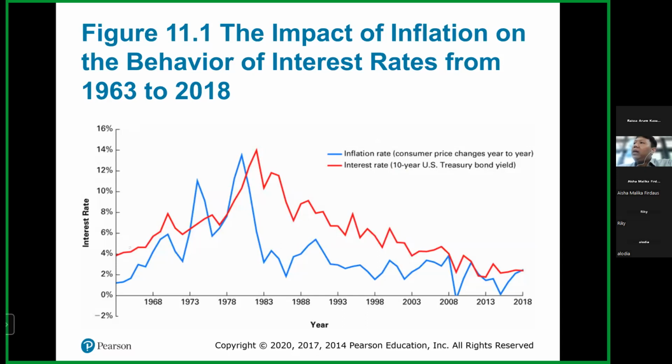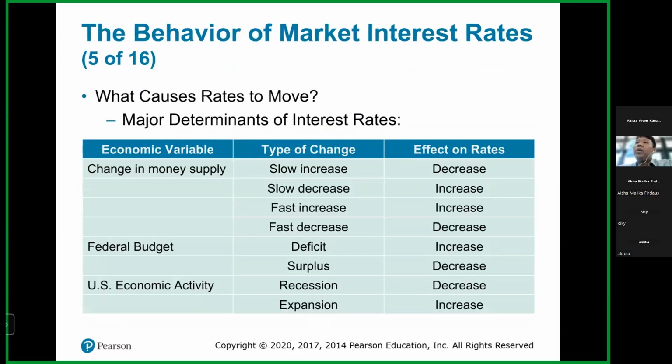If inflation is expected to increase, the interest rate is also expected to increase. When we expect a decrease in inflation, the interest rate is going to decrease. The trend is almost the same, so inflation will always affect the market interest rate.